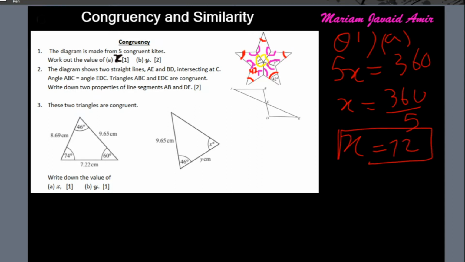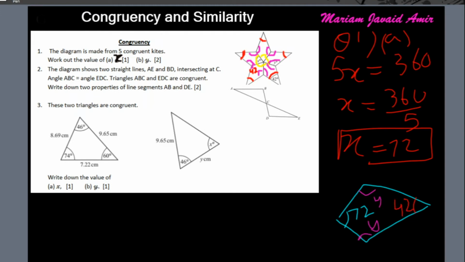For angle y, let me consider one of these kites. This angle is x, which is 72. I haven't drawn an accurate kite, so let me draw a tilted one so that it makes more sense to you. This is 72. These two angles at the top and bottom are angle y, and the lower angle in red is 42.